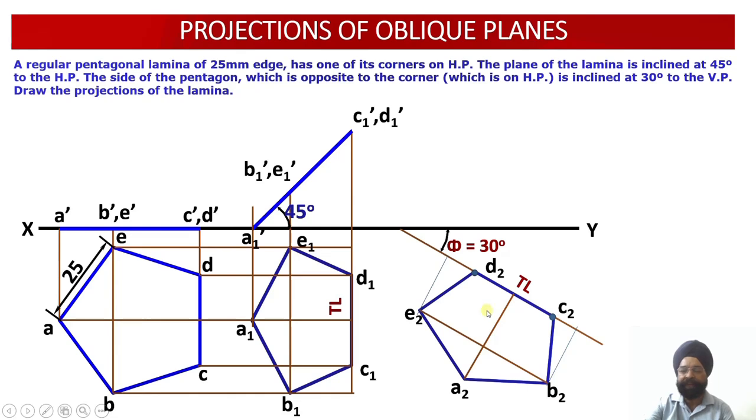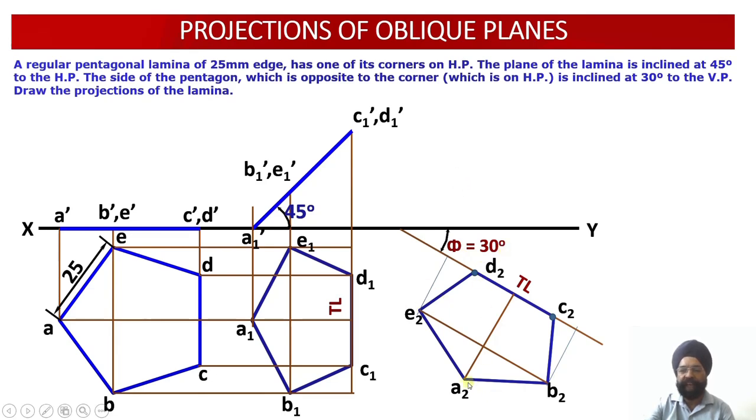So once you break this into rectilinear distances, it is very easy to transfer this plan projection onto this particular view number 5. So having obtained this view number 5, we have been able to obtain the plan of the oblique lamina which happens to be inclined with respect to HP at an angle of 45 degree and inclined to VP at an angle of 30 degree. Now we have to locate the front view.